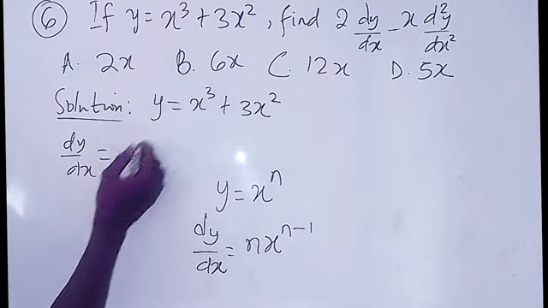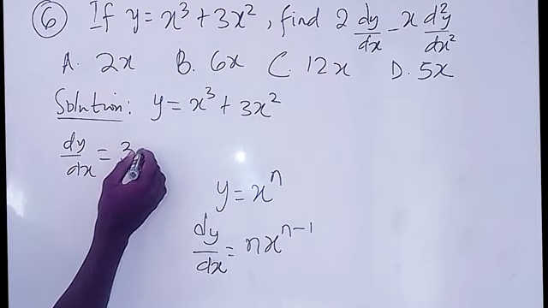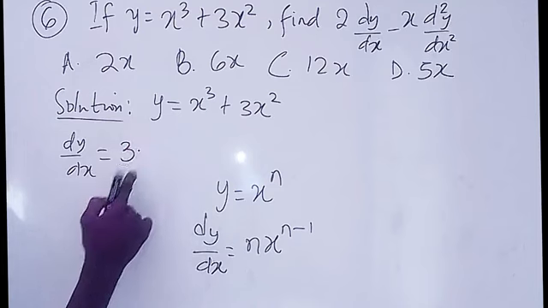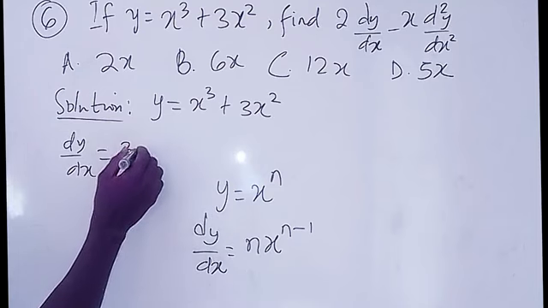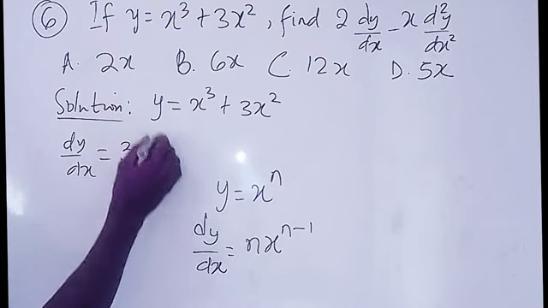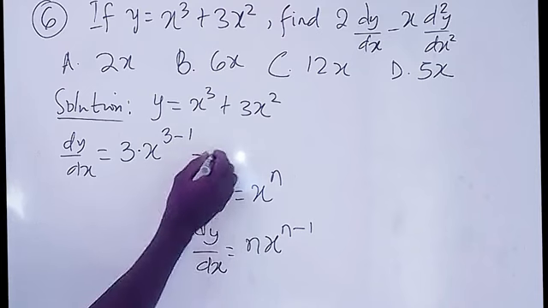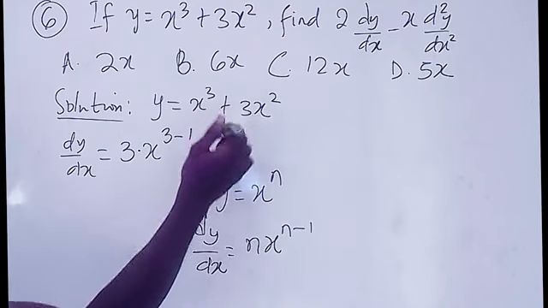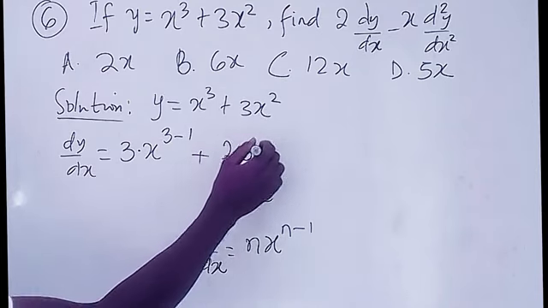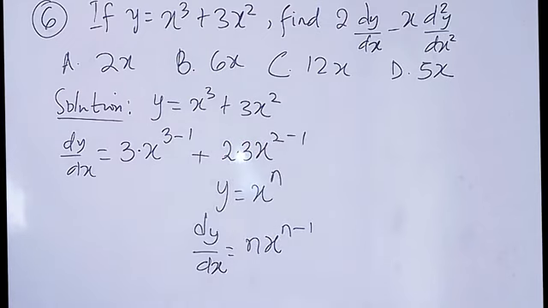Now if you want to do this, 3 will come down, then multiply, x to the power of 3 minus 1. We use this plus, now 2 times 3, then x to the power of 2 minus 1. Can you see?